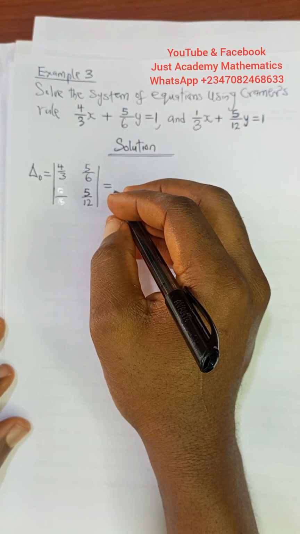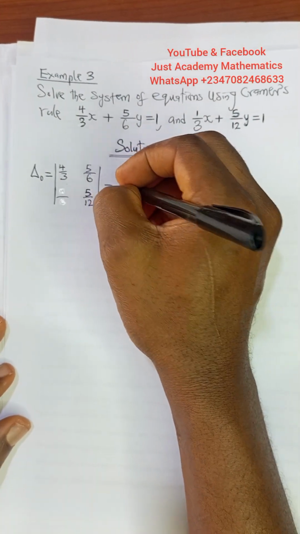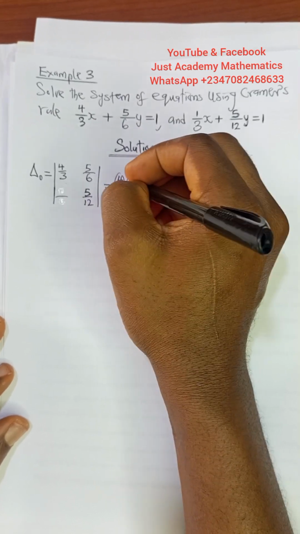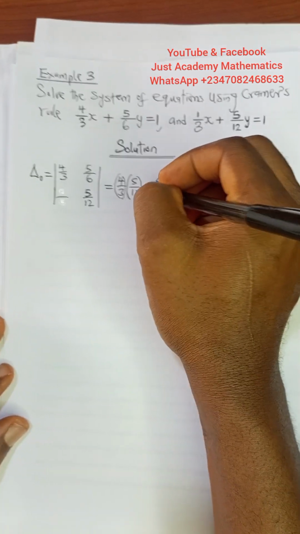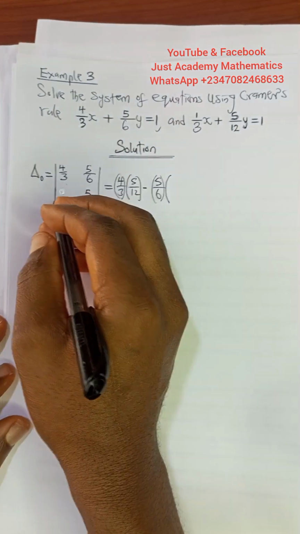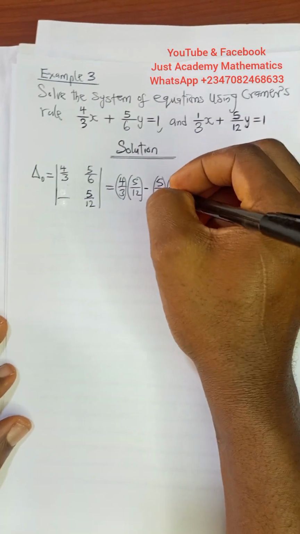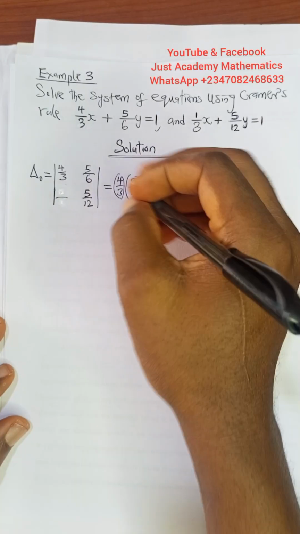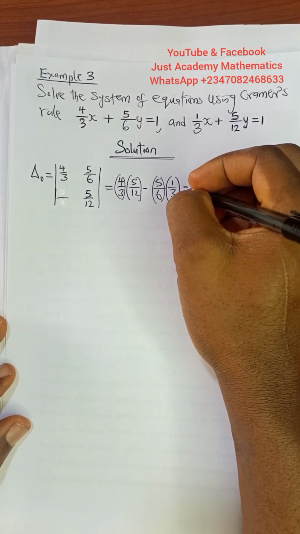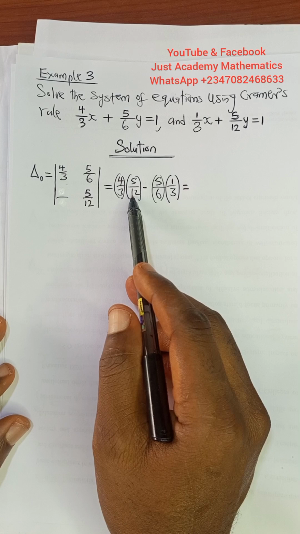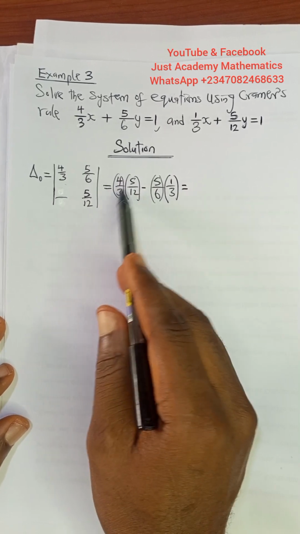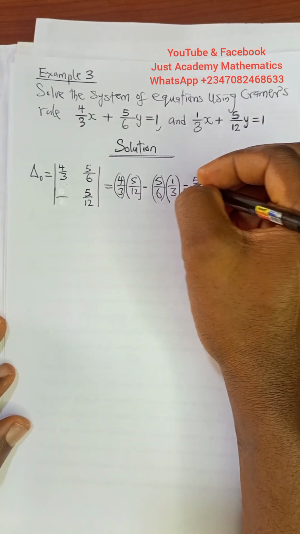So the determinant of this means 4 over 3 times 5 over 12 minus 5 over 6 times 1 over 3. So what will this give to us? If you cancel out, 4 will cancel 12 three times. So on this side alone, we'll have 5 over 9.